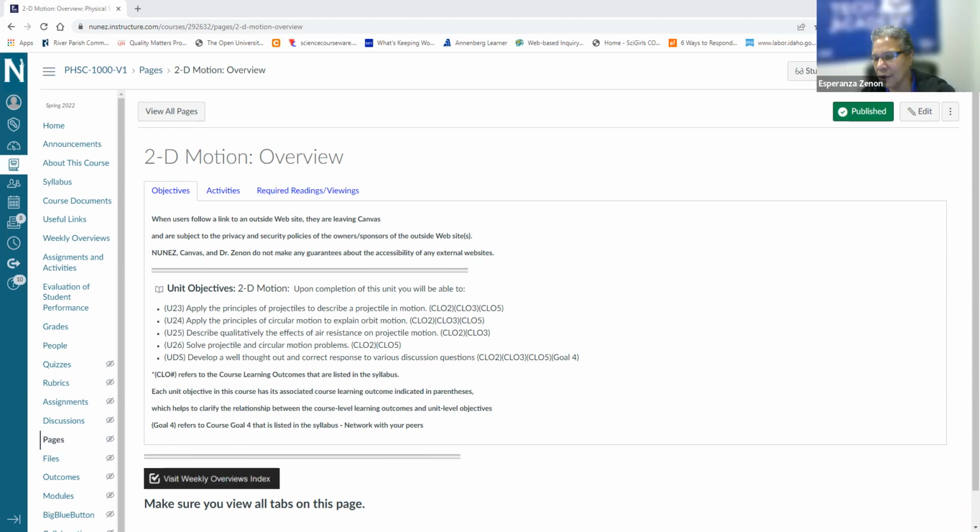Not that we're trying to quantitatively do anything mathematically where friction is concerned, because that would be way too much of a task at this level for us. But we'll talk in general about how the motion of an object, particularly a projectile, would change if air resistance were part of the picture.